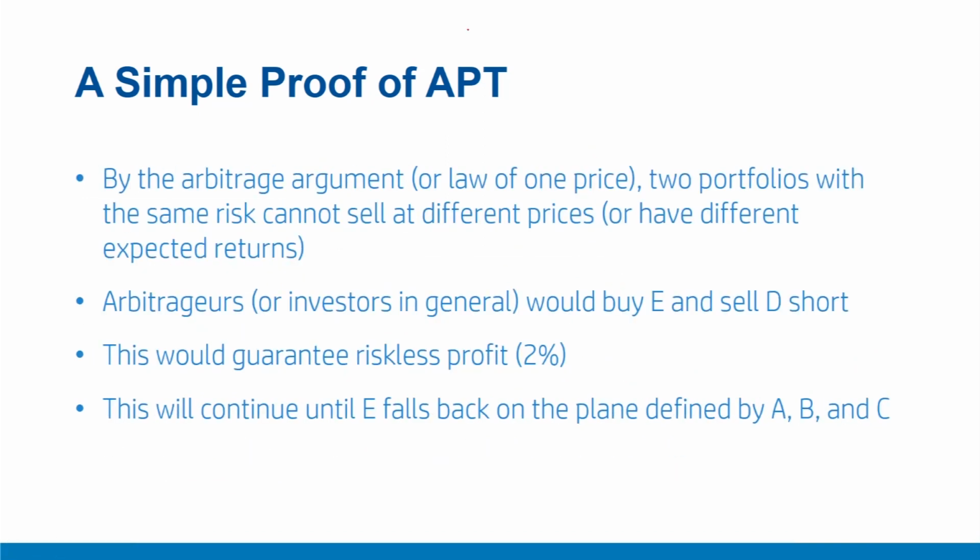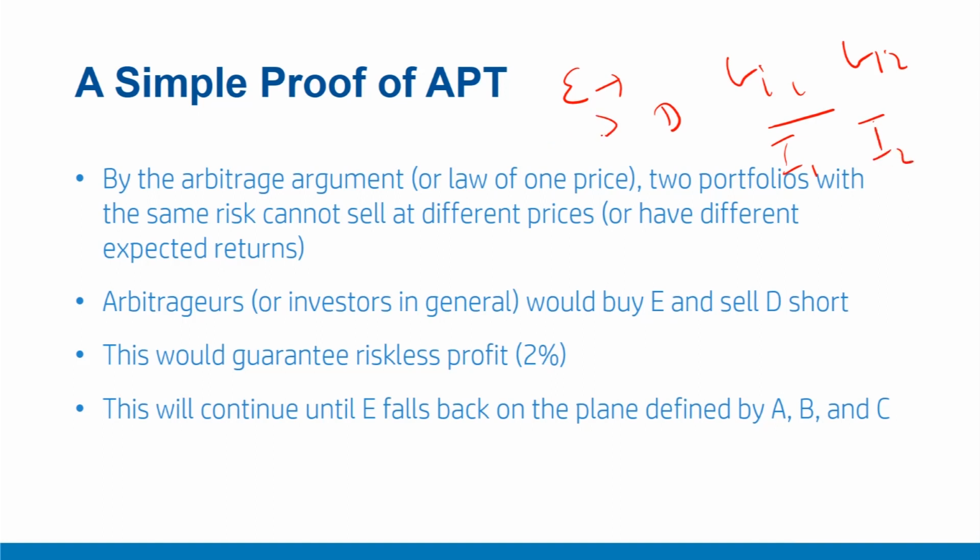Therefore, it appears that portfolio E is undervalued because it offers a higher return as compared to portfolio D, despite the fact that the risk profile is the same. Since these are diversified portfolios, only the systematic risk will matter, which is represented by BI1 and BI2, the sensitivities of portfolios E and D with respect to the only two possible indices as assumed, I1 and I2.